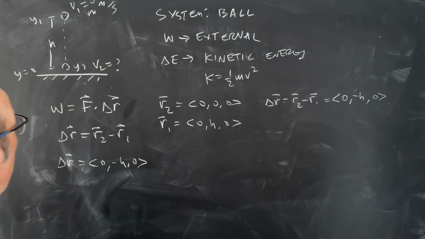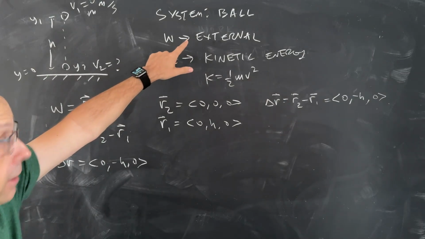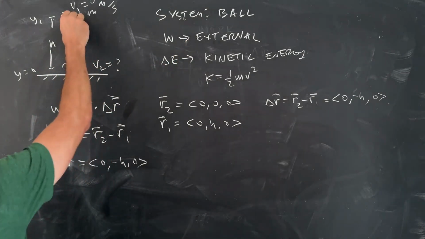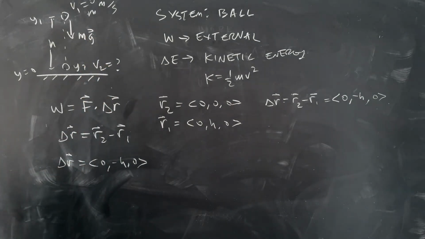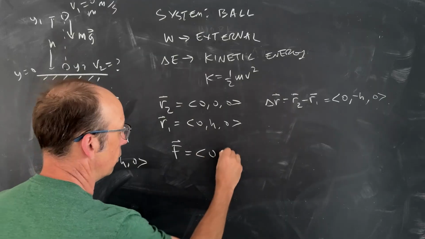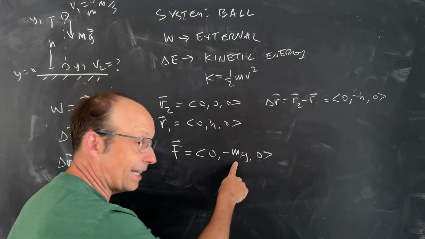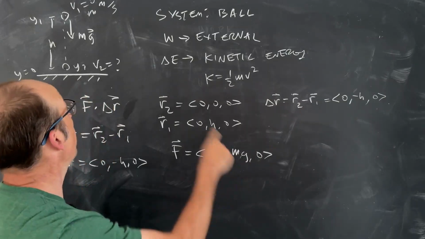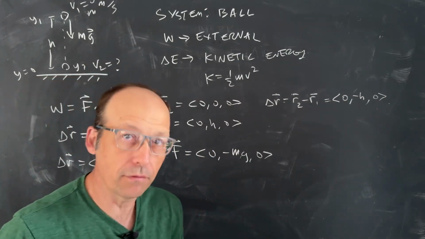Now, what about the force? In this case, what is doing external interactions on the ball? That's the gravitational force, mg. I can write that as the force 0, negative mg, 0. It has a negative y component. We write mg as a vector, but the y component of g is negative.